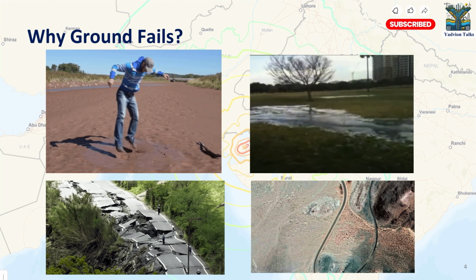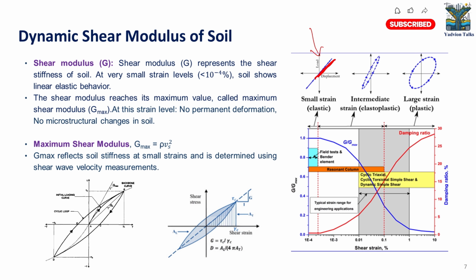The shear modulus reaches the maximum value, called the maximum shear modulus. At this strain level, no permanent deformation can be observed. You can see in this graph, as we apply the load, soil will deform and it will regain its original position, and it happens at a very small strain rate.